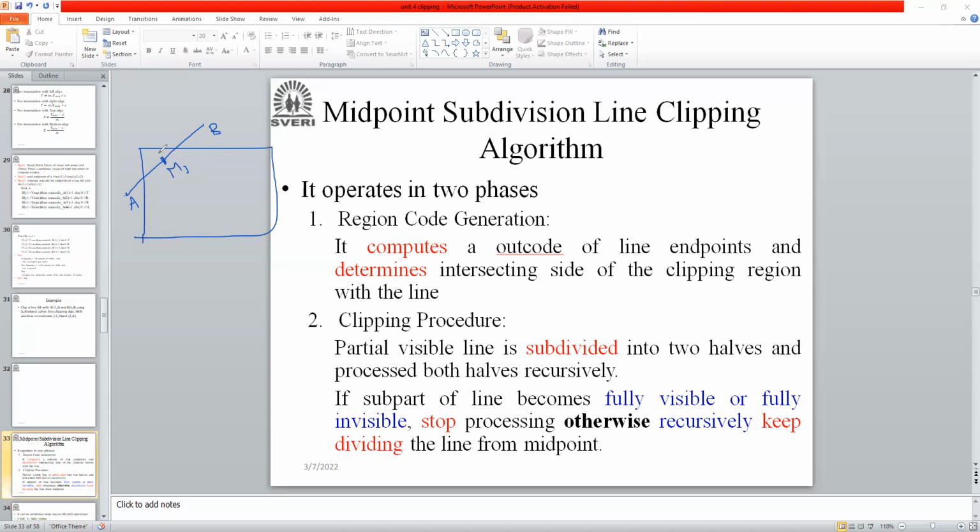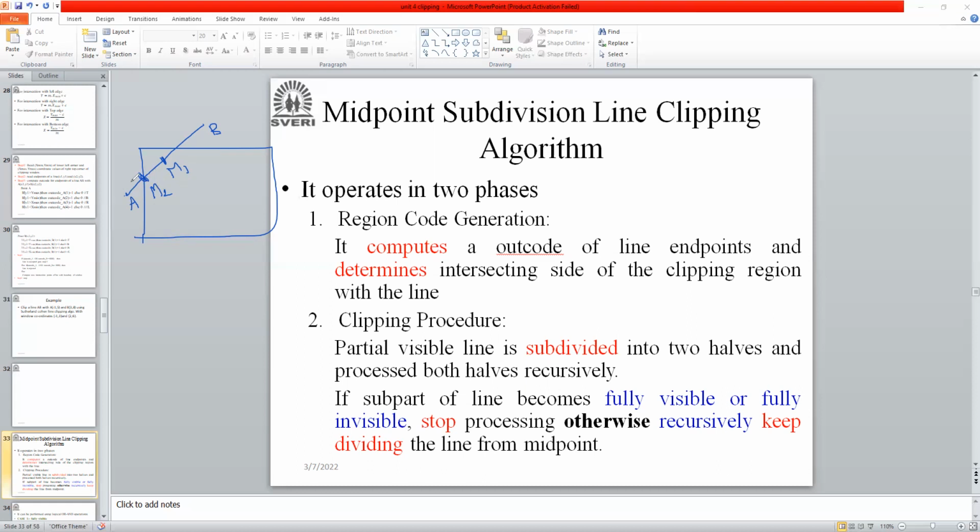Now I will divide the line into two segments, AM1 and BM1. Then again, I will divide the line at its midpoint. So AM1 is divided here, and I will get AM2. So M2 is the midpoint of AM1 again.